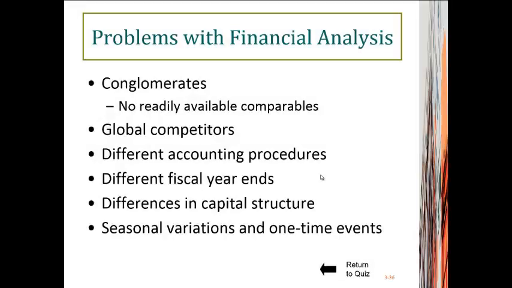Now, there are some problems with financial analysis that we're probably not going to be able to solve here in this class. One of which is that we may have to analyze some conglomerates. So we may have a company like Apple that does a lot of things. They make mobile phones and tablets and laptops and PCs. They do software.